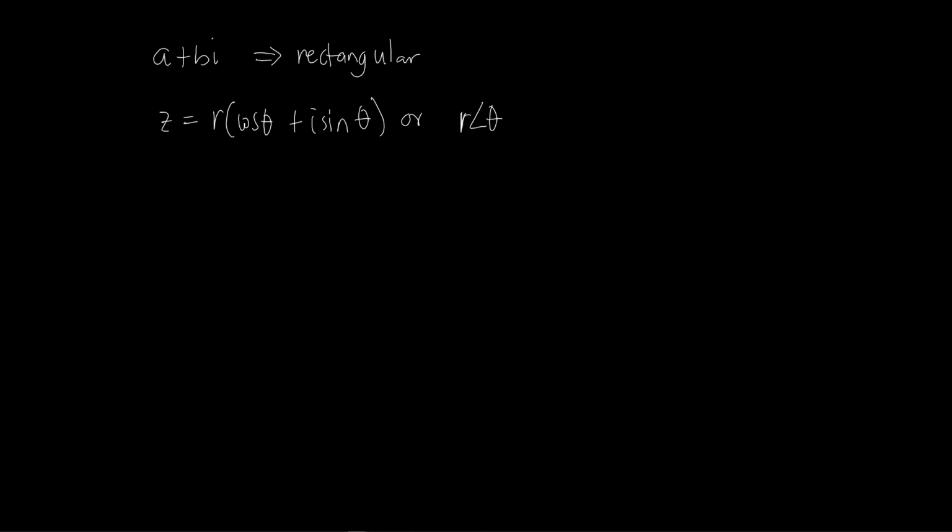If ever na ato ang a plus bi, ginatawag na siya nga rectangular. Pag naay z is equal to r cosine theta plus i sin theta, or r angle theta, ito ginatawag na polar.